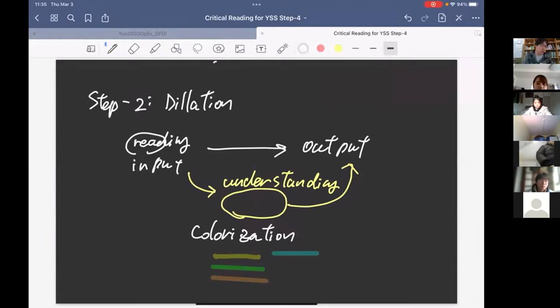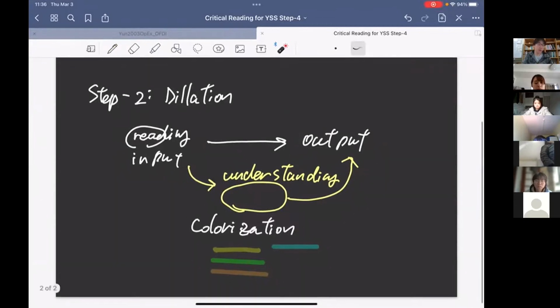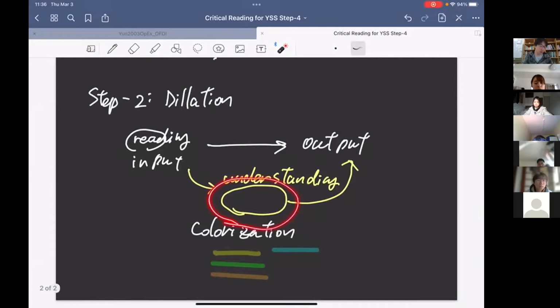We just read something and pick up the words and create a new sentence. It's a kind of very straightforward summary, and some of the students can do this already.